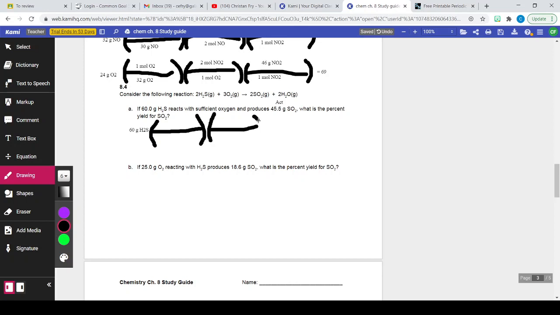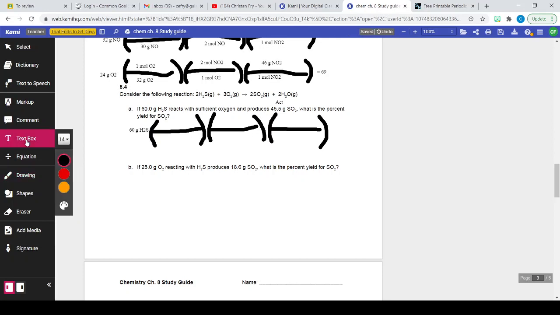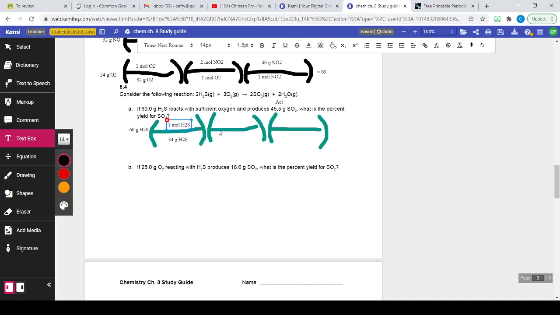It's always, section 3 and section 4 was always about getting to your product. All right, so 32, this is going to be 34 grams in 1 mole of H2S. I'm going to use my equation here. Here comes my mole to mole.